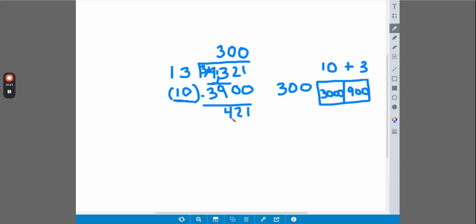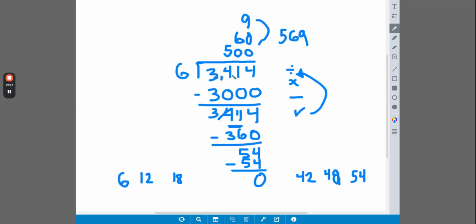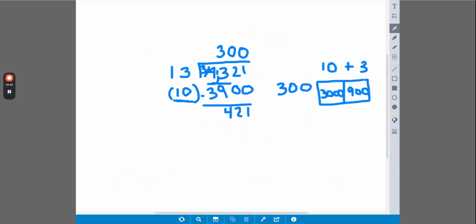Okay. Now, have my steps changed at all for division since the one-digit problem we did just previous? Let's look back. We divided, multiplied, subtracted, and checked to see if we keep dividing. Did those steps change when I did 2 digits?